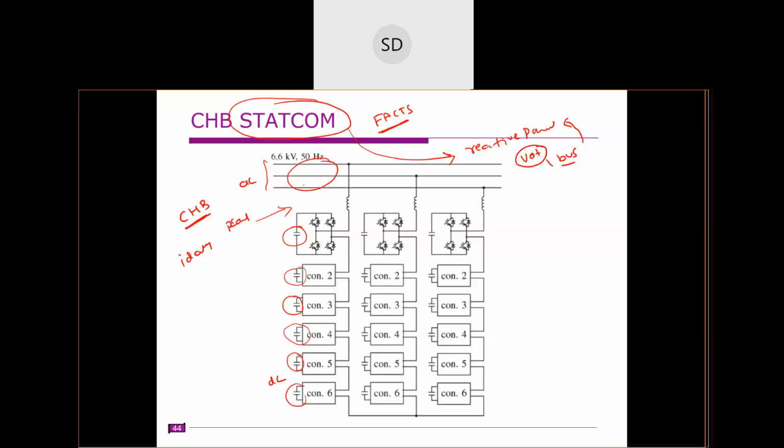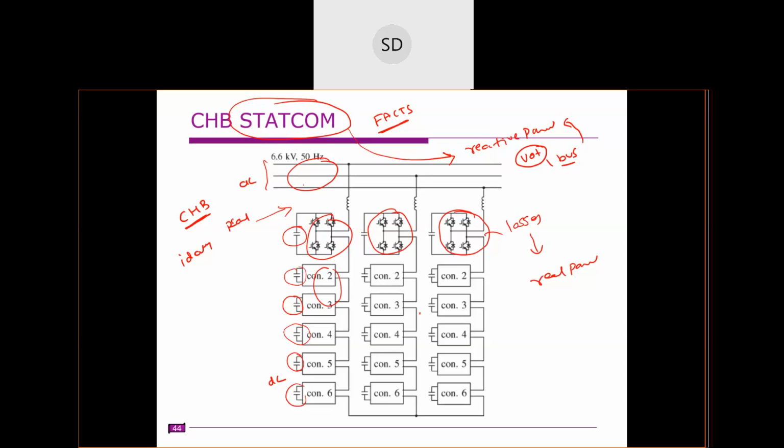But what will happen? These are the switching devices, and all these switching devices have some losses. These losses are always real power.